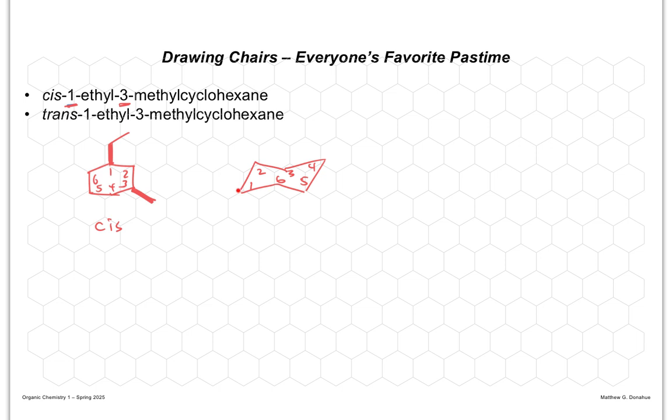It's got to be equatorial, because that carbon's down, the axial bond is down, that has to be hydrogen. And then the up bond is equatorial, which corresponds to that being up.